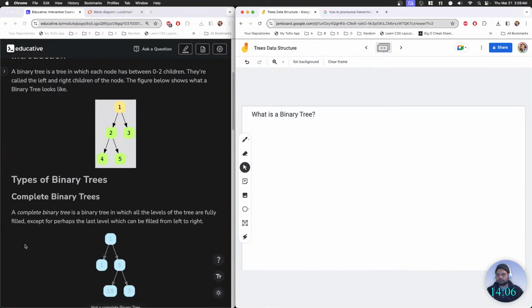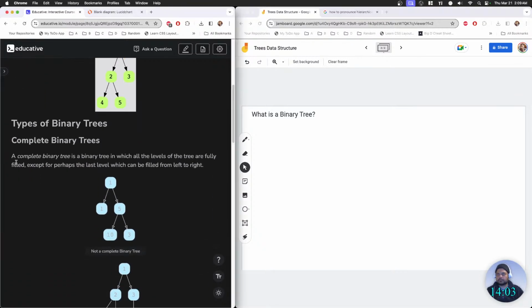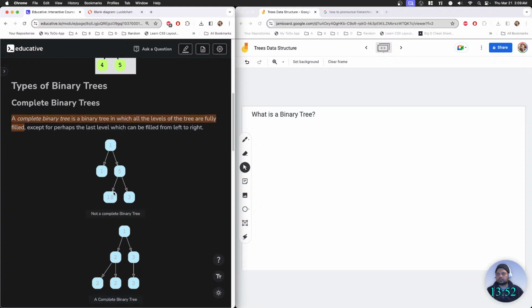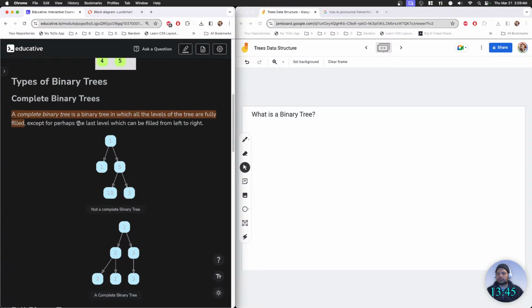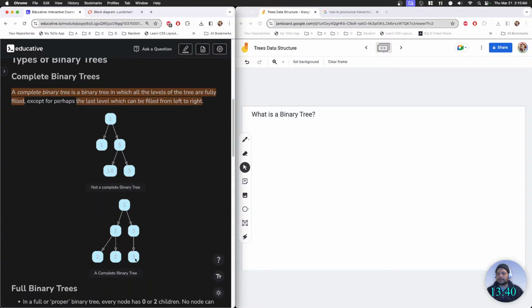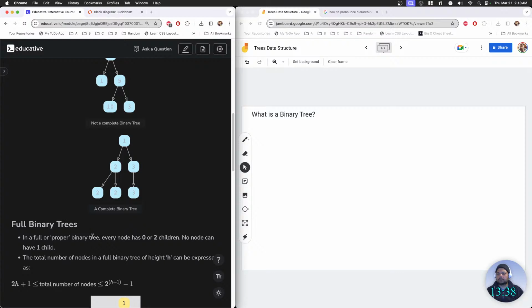Okay, so complete binary tree: all the levels of the tree are fully filled, except for perhaps the last level, which can be filled from left to right. Proper binary tree: every node has 0 to 2 children. No node can have 1 child.